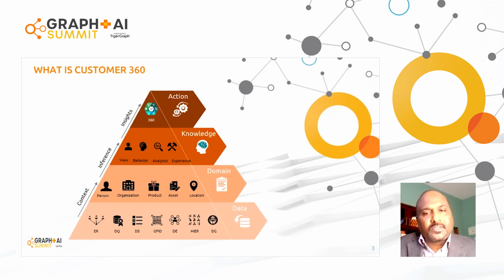What is Customer 360? Customer 360 is a knowledge graph, a purpose-built initiative to solve various business problems of an enterprise by leveraging the combined power of graph, AI, and data. The core data foundation layer consists of various data management competencies to scale and expand.